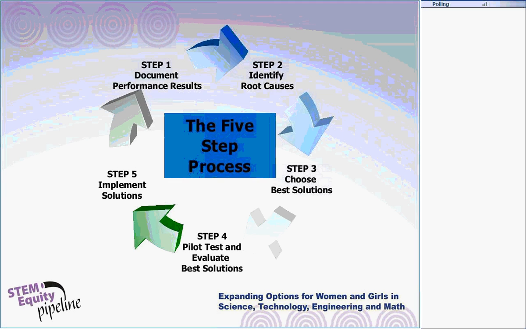But again, let me just remind you how easy it is to jump to the silver bullet solution without doing adequate research to really understand the barriers that students are facing, and preparing programs and activities that will eliminate those barriers, and evaluating your effectiveness so that you know if what you're doing really is working.